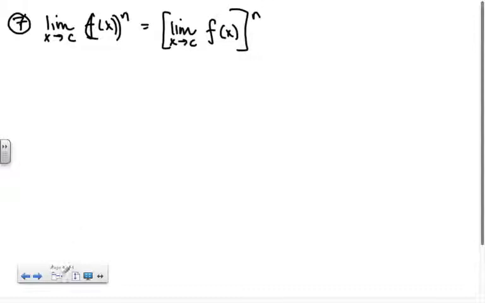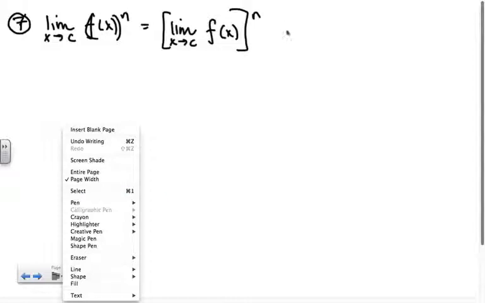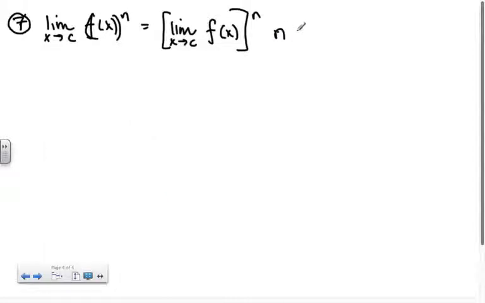And of course, n is a rational number. That's the symbol for rational. So yeah. N is an element of rational numbers, and the limit exists.